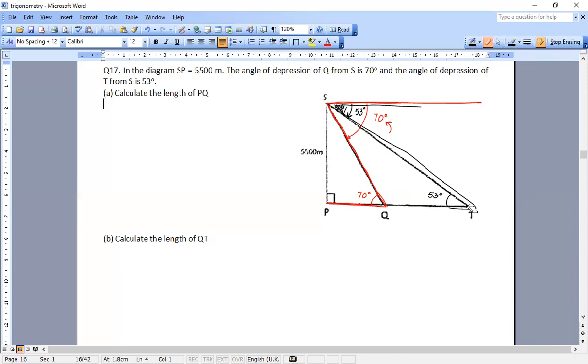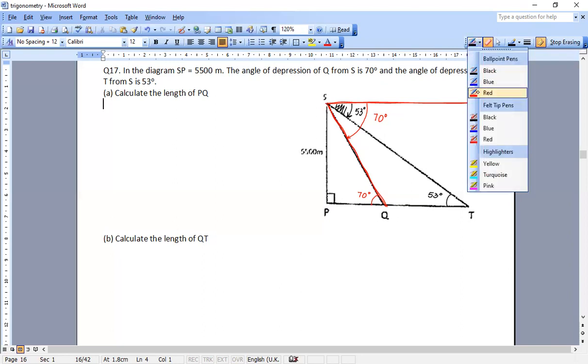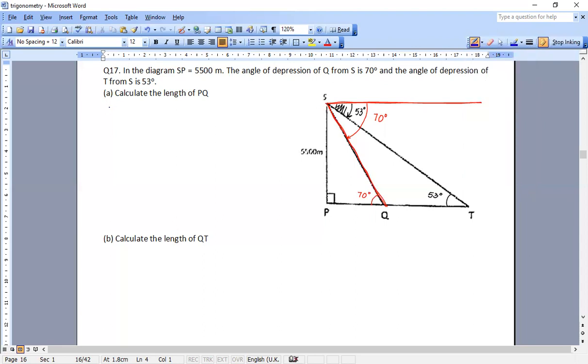So the angle of depression will help you find the angles inside the right angle triangle. I can mention these things, but I'll erase the rest of the stuff. Now I have two angles inside the right angle triangle and I have to find the length of PQ. To do this, we are going to consider the right angle triangle SPQ.